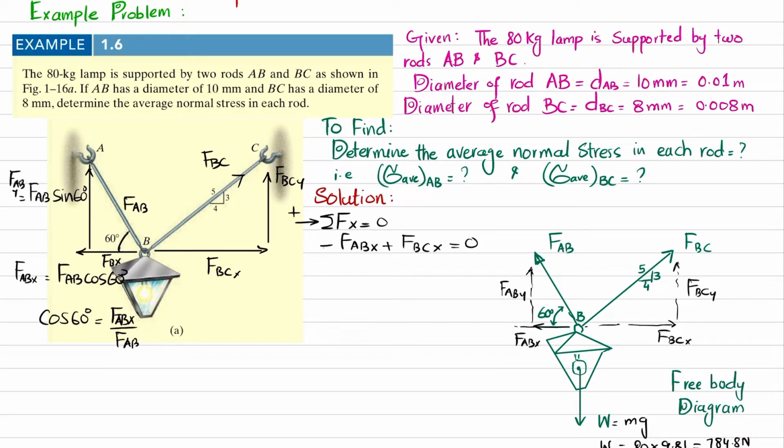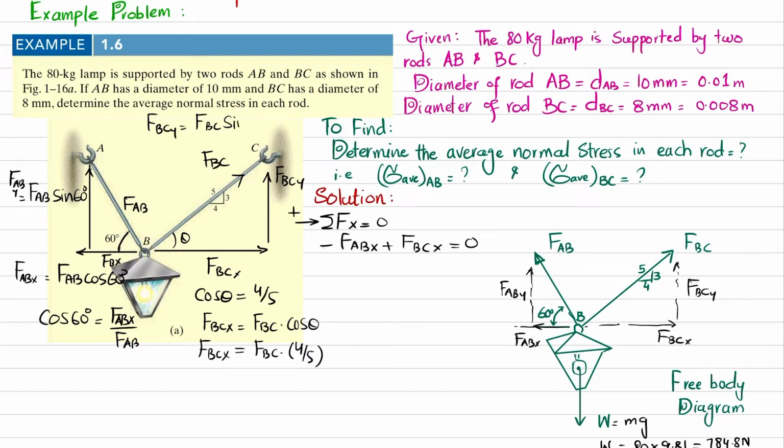So for example, if this is theta angle, if you take cos of theta, cos of theta is equal to 4 divided by 5, and the FBCX component will be equal to FBC into cos of theta. So FBC into 4 divided by 5. This will be FBCX, and the FBCY component will be equal to FBC sine of theta.